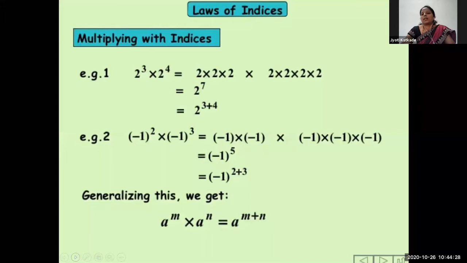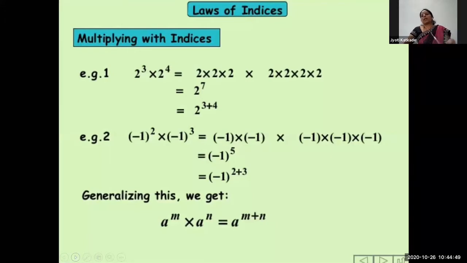In the example also, base is 2 and powers are 3 and 4. So according to this rule, when base is same, then take the addition of powers. 2 raised to 3 plus 4 is equal to 2 raised to 7.